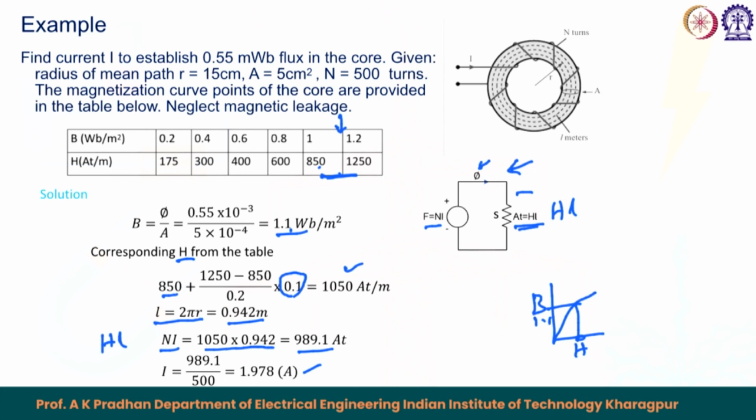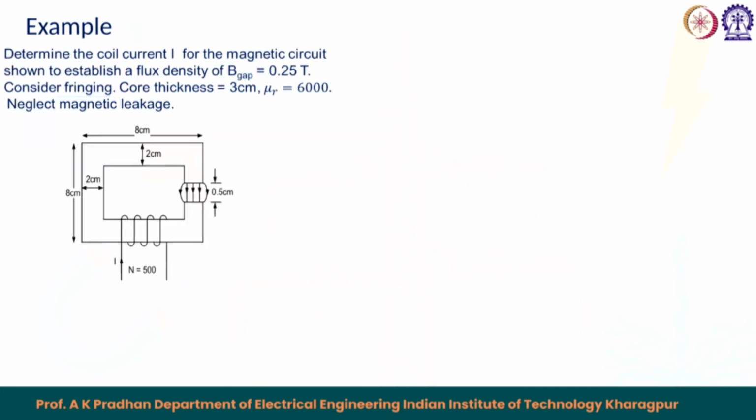If this is applied here, then for the magnetic circuit like this, the flux established in the core will be 0.55 milliweber. That is the average flux we can find there. So, this is a magnetic circuit problem using the BH curve.